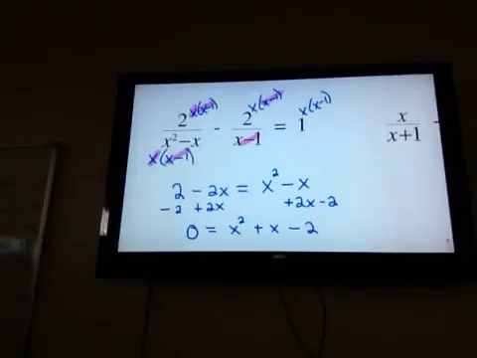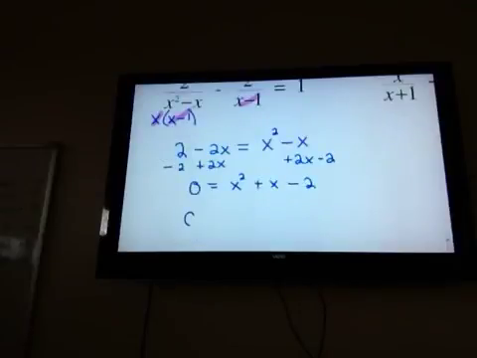And I get 0 equals x squared plus x minus 2. Then I factor. So x squared is x times x, 1 of each sign, positive 2 minus 1 will give me my positive 1 in the middle, making my possible solutions.